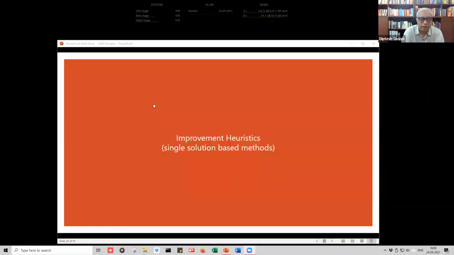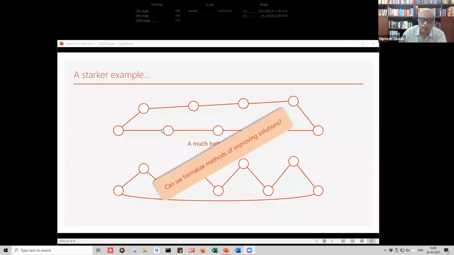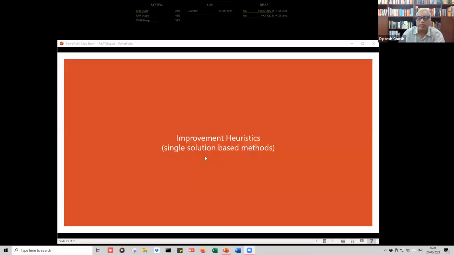So in the last part, we are talking about formalizing methods by which we could take a solution that a construction heuristic gives us and improve it to get better solutions. Now, the good part about most of these methods that I'm going to talk about is that they do not require us to know a whole lot about the problem that we are solving.